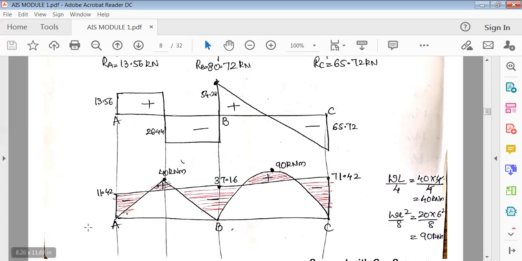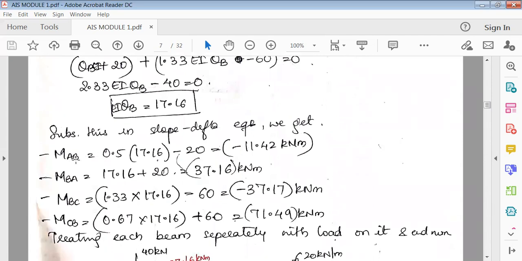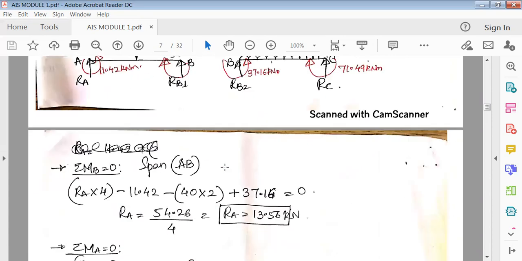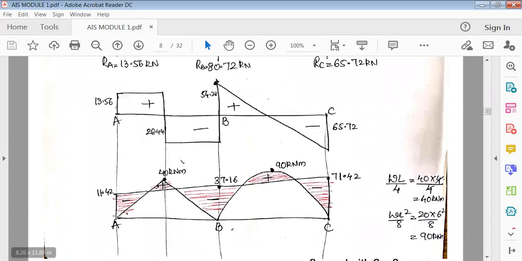The next thing is, we have got the fixed end moments, which are nothing but what you have found out here. AB will be acting exactly on A. It is negative. Always draw the fixed end moments on the upper side only. Now see here, it is 11.42.